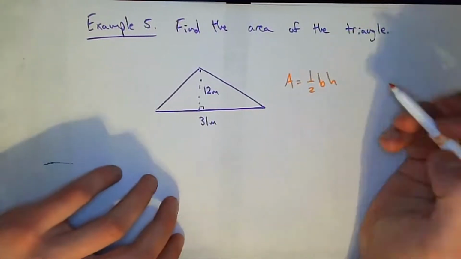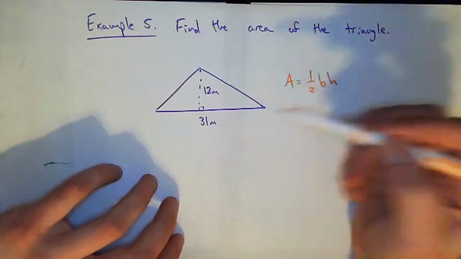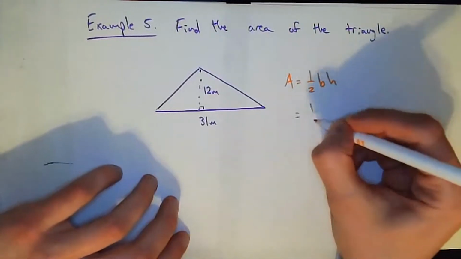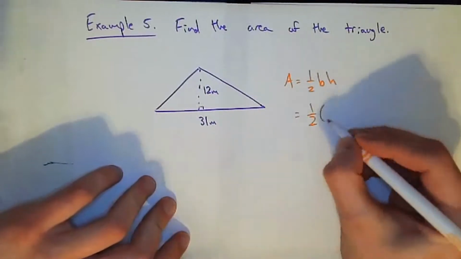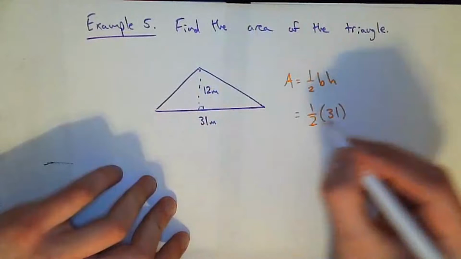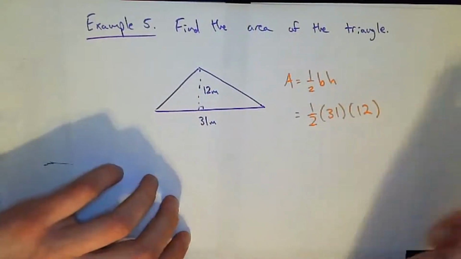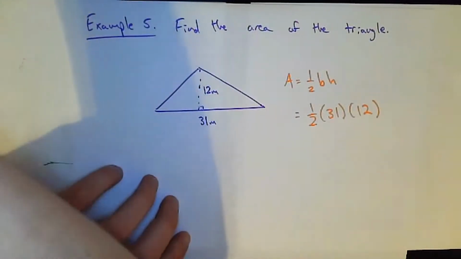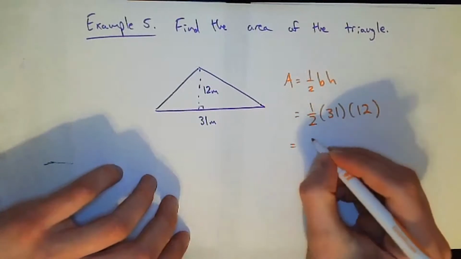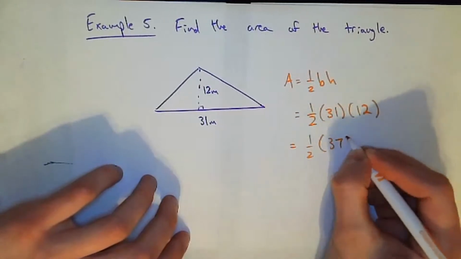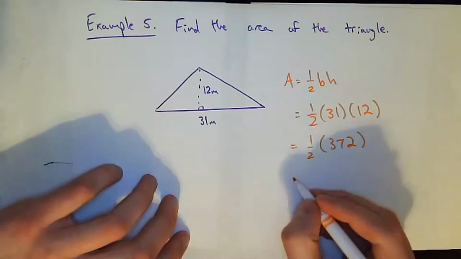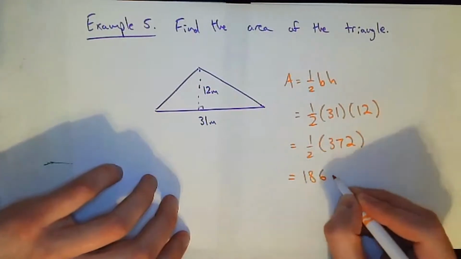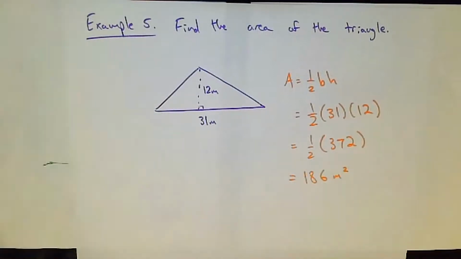Hopefully there's no confusion about what numbers to use. There's only two numbers here, so you don't have much option, right? So 1/2 times base is 31, times height is 12. I can just pop that into the calculator, 31 times 12, and then divide that by 2, because multiplying by 1/2 is the same as dividing by 2. So I'm getting 186 meters squared.